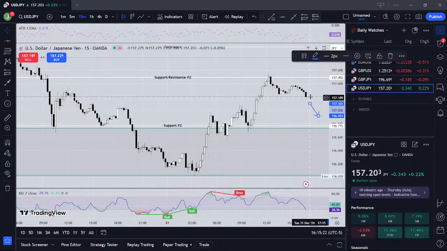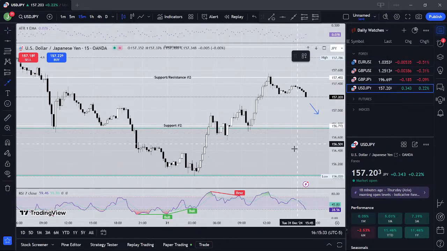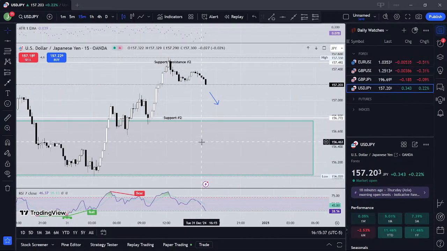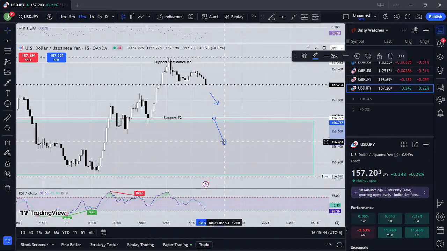I'm not sure where it's going to go, but if it touches resistance, it has a double chance of either going up or down.